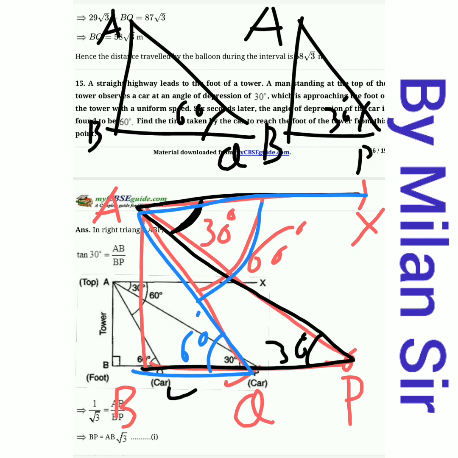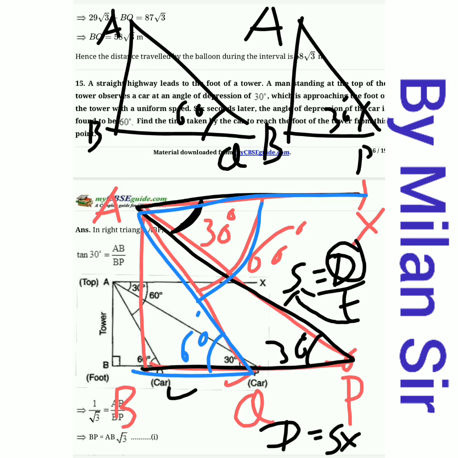Now what is the formula of distance that we learn in science? Speed is equal to distance upon time. In short, I have written here speed is equal to distance upon time. So transferring the time to the left-hand side, distance d is equal to speed multiplied by time.